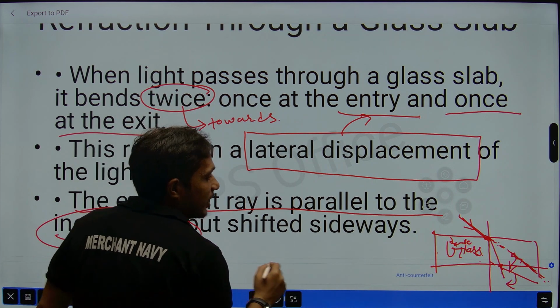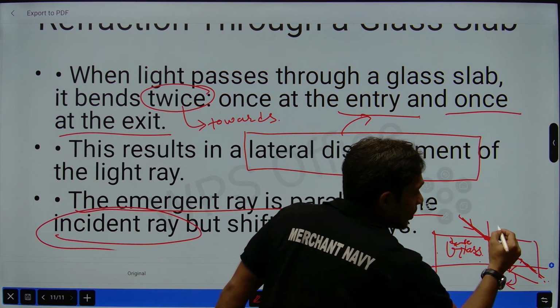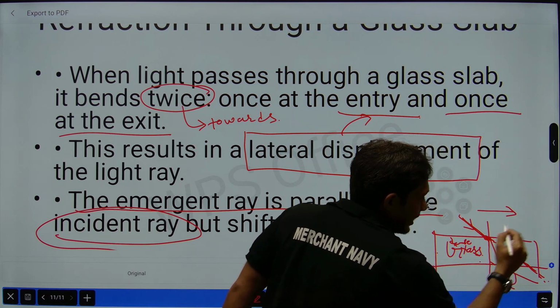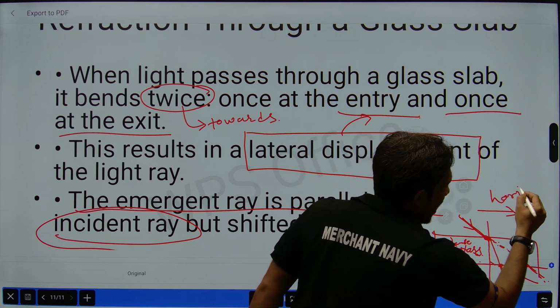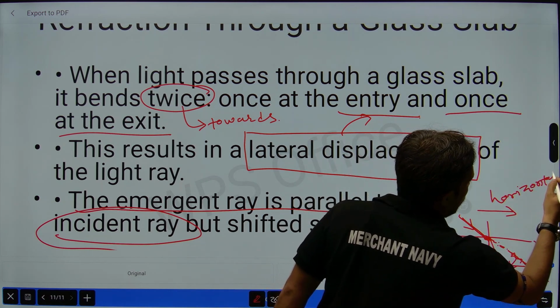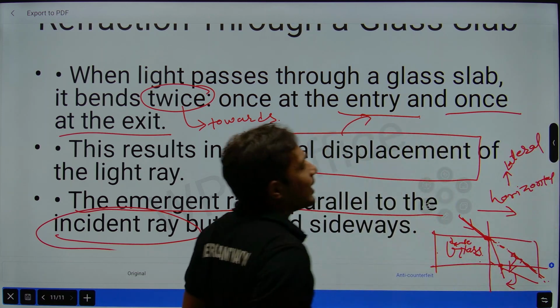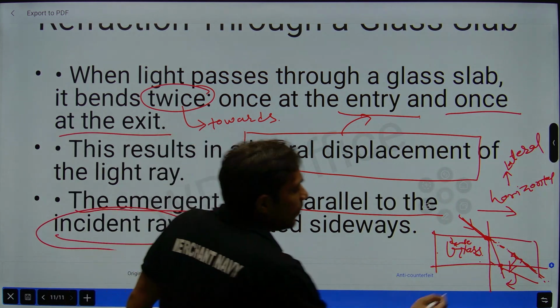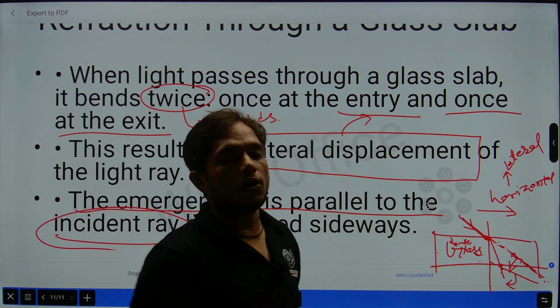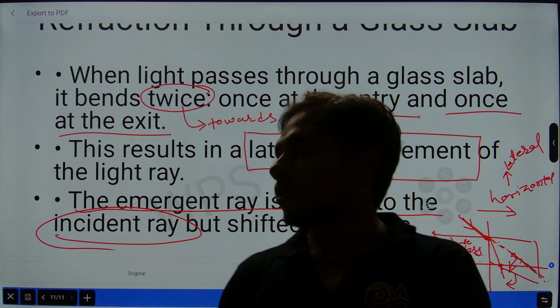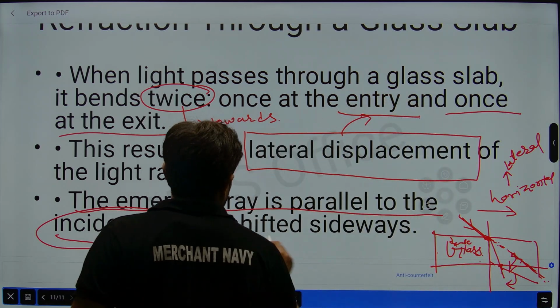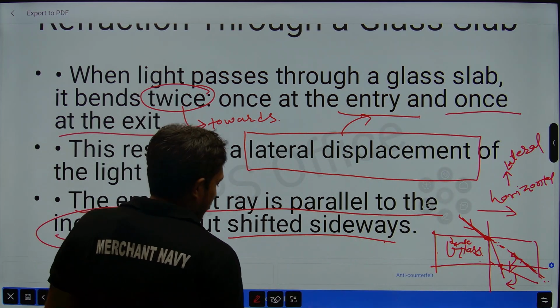Why is it called lateral displacement? Because it is shifting horizontally, and when we talk about horizontal, it is also known as lateral. So it shifts sideways, and this is called lateral displacement.